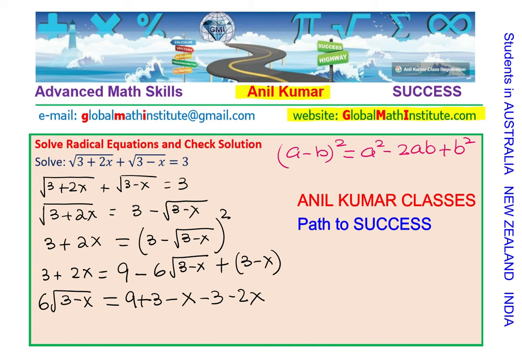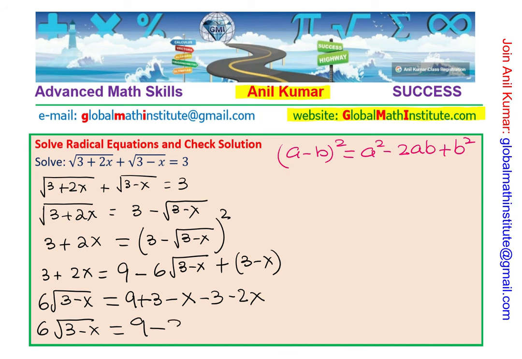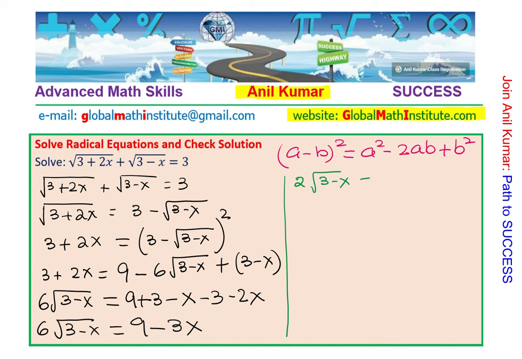And so we get 6 square root of 3 minus x equals 9 plus 3 minus 3 is 9, minus x minus 2x is minus 3x. Okay. Now, we can actually divide by 3 and simplify this, right? So we can divide by 3. So we get 2 square root of 3 minus x equals 3 minus x. Correct.